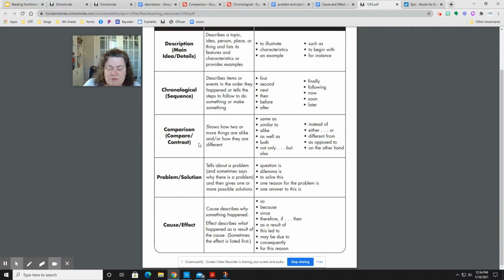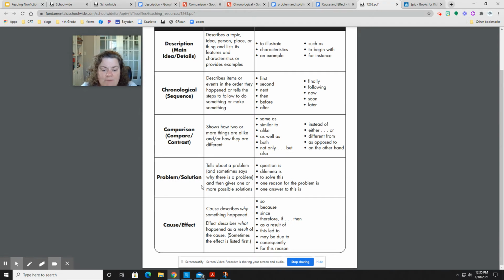Okay, the next row is problem and solution. If your text has a problem and solution text structure, it's going to tell about a problem. Sometimes it will tell you why there is a problem, and then it's going to tell you how that problem was solved.